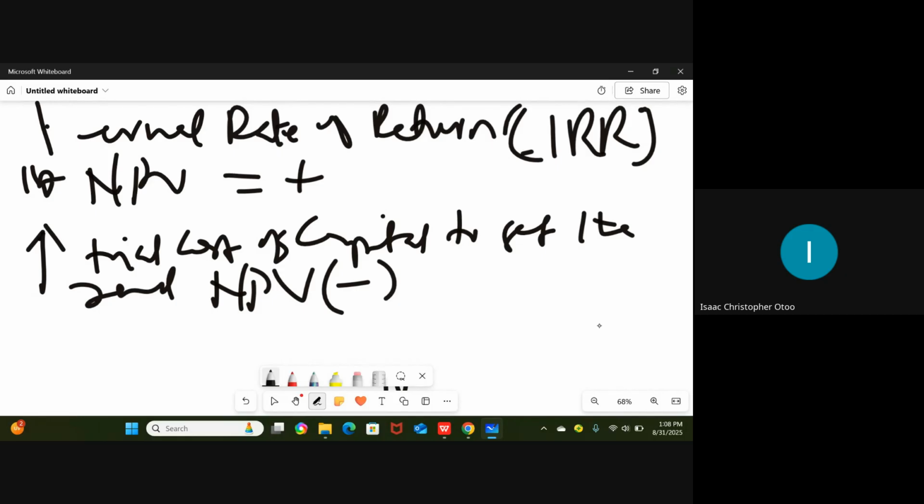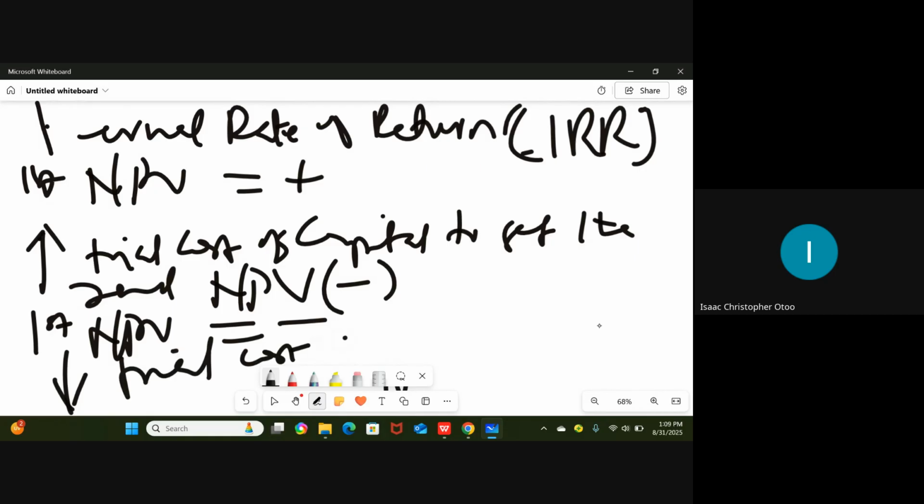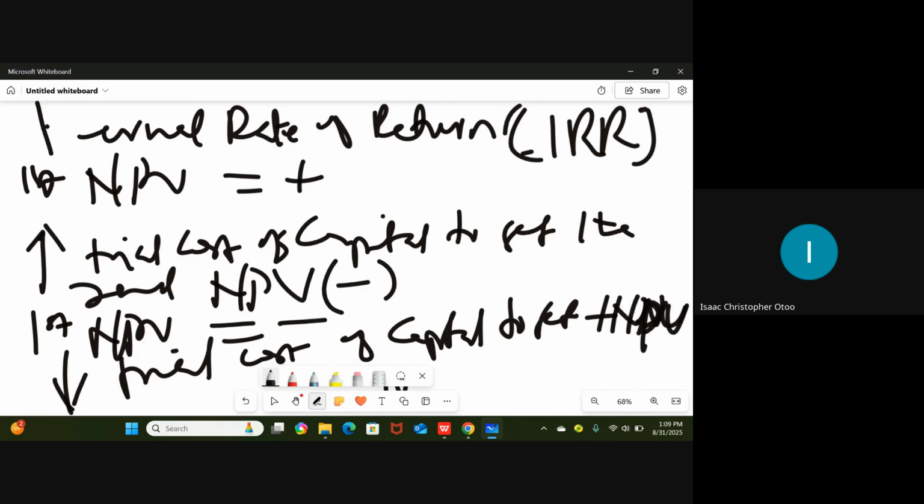If your first NPV gives you negative, then decrease your trial cost of capital to get a positive NPV. Any question from you on this simple explanation?